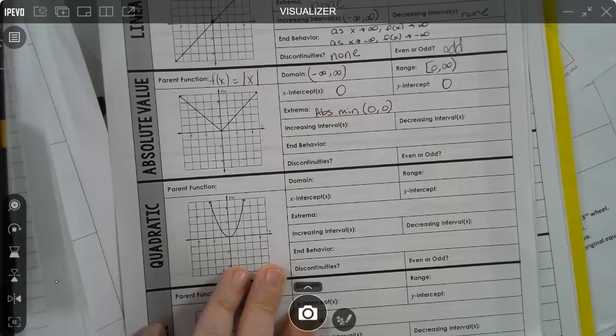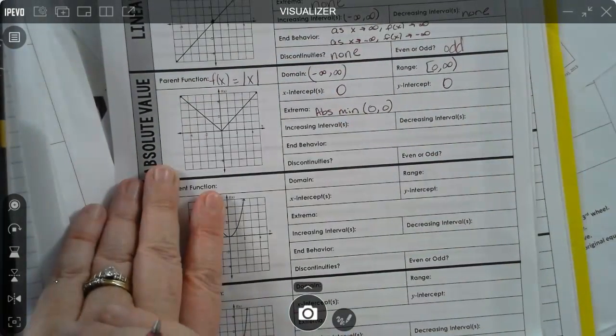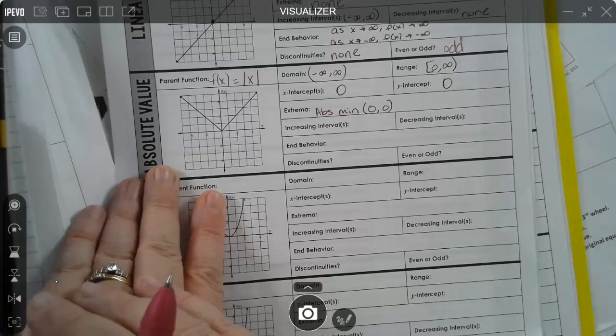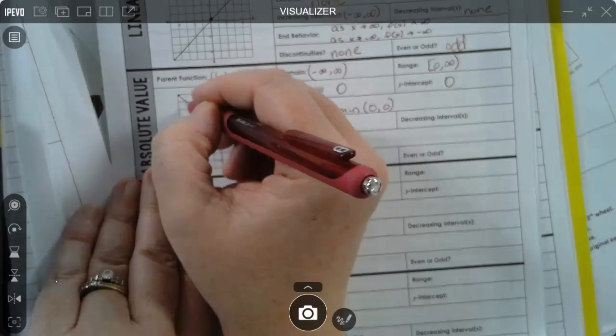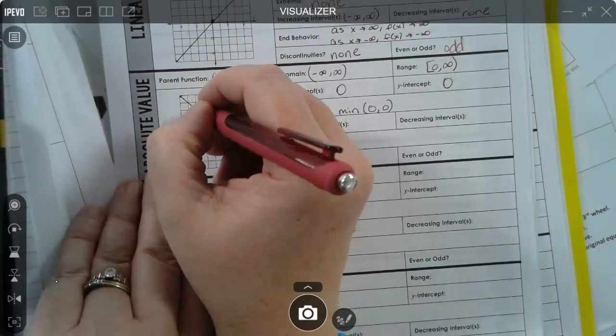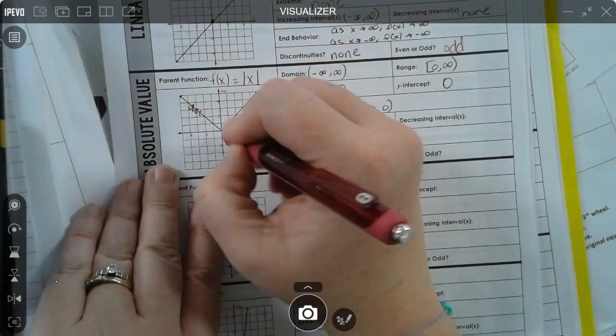Increasing intervals. Where does it increase? All right, so look, remember I read a graph the same way I read a book, left to right. So if I start over here and I move left, am I going up or down? Down. So this is my decreasing interval, which means this one is my increasing.